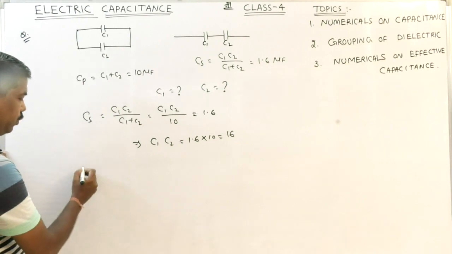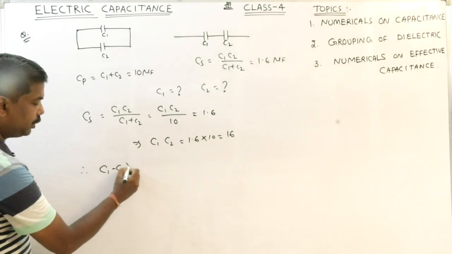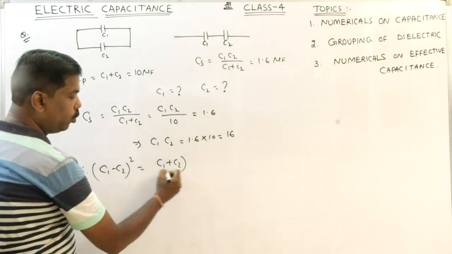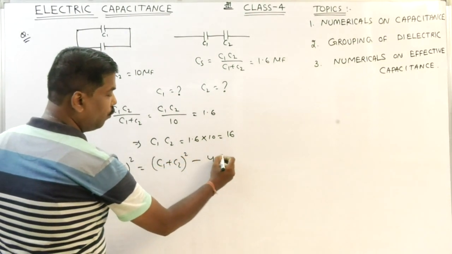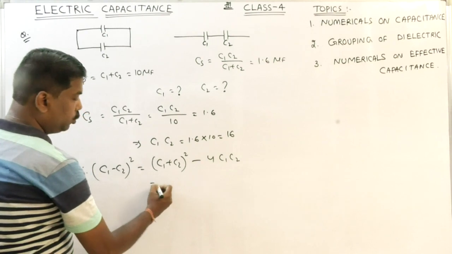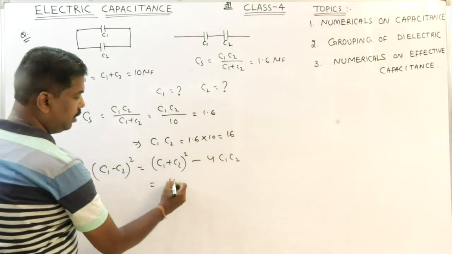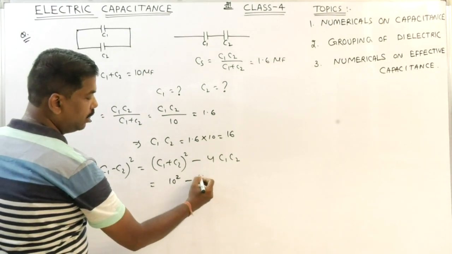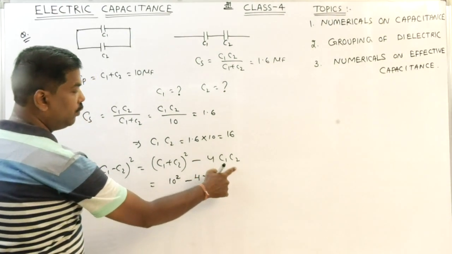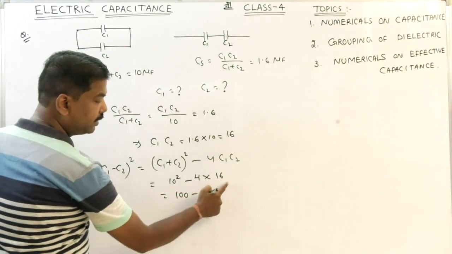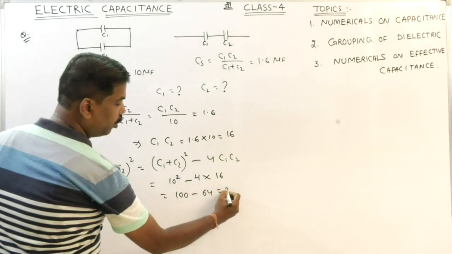Clear? Therefore, C1 minus C2 the whole square is equal to C1 plus C2 the whole square minus 4 C1 C2. So C1 plus C2 is how much? 10. 10 square minus 4 into C1 C2, which is 16. So 100 minus 64 is found to be 36.